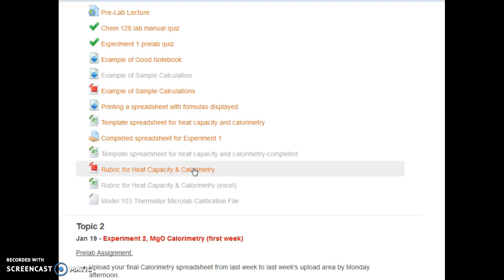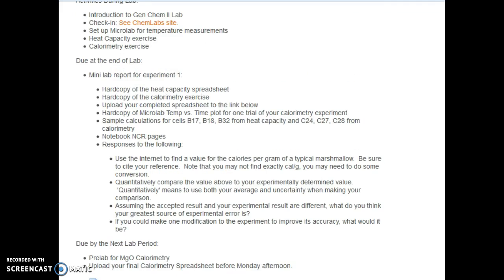You will also be doing, let's look at all the requirements for the lab report. So hard copy of the heat capacity spreadsheet. That was tab 1. Hard copy of the calorimetry. That's what we just did. Then you're going to upload it right here.